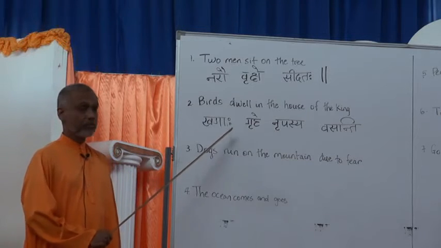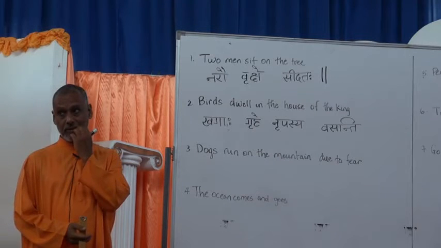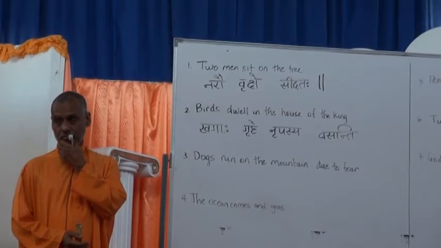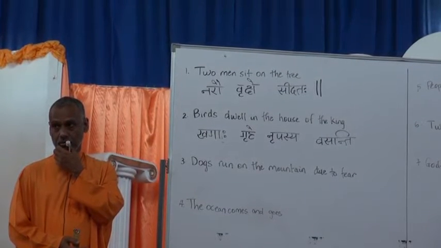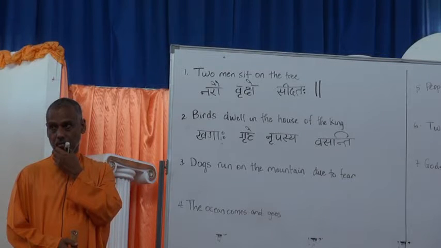That's what she's saying, just like this. What I'm saying now, if you want to say it is the word of the king that dwells in the house, how will you say that?